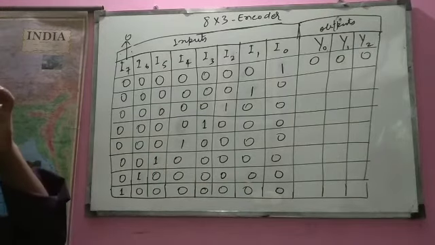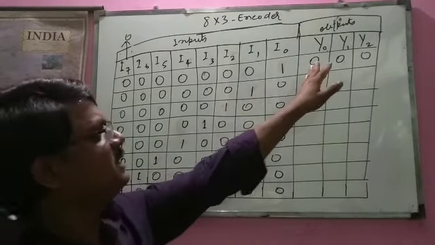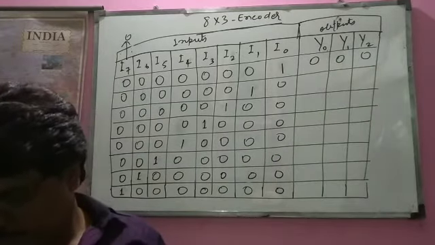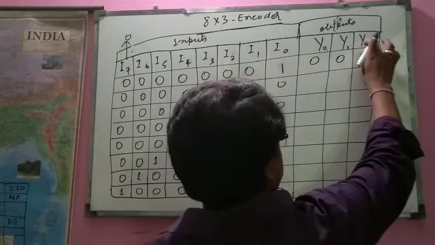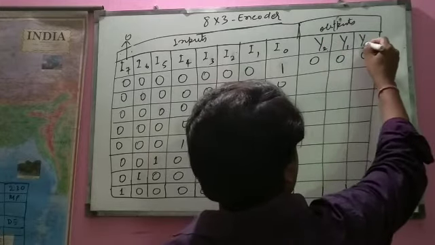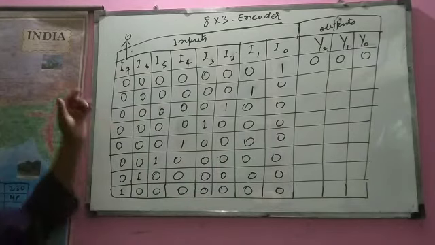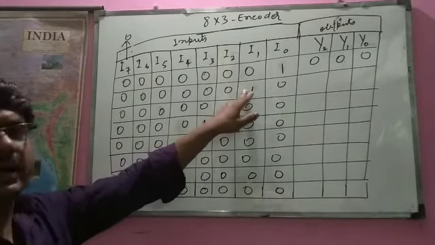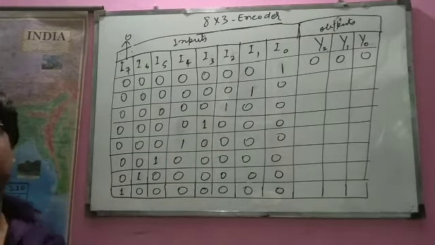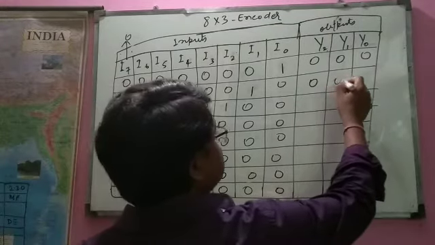So see what happens. If I0 is high, our output is 0, 0, 0. Take the MSB on this side, so it will look good: Y2, Y1 and Y0. If I1 is high, the octal number 1 is to be converted into binary, that is 0, 0, 1.